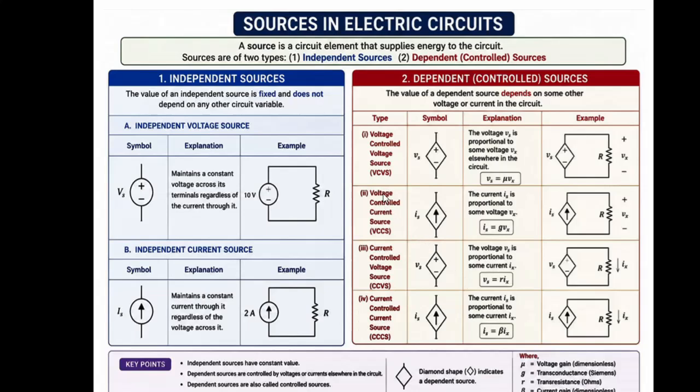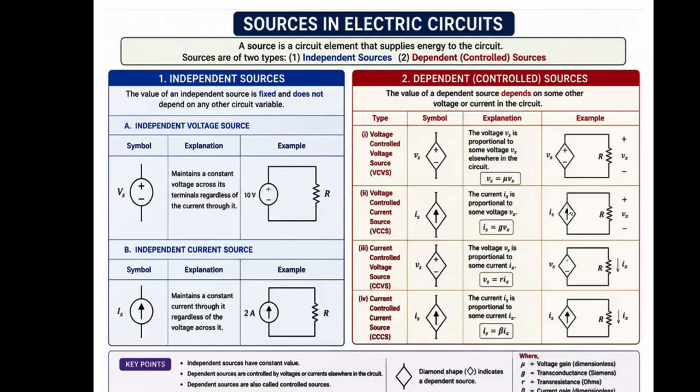Similarly, we can define the voltage controlled current source. In the diamond shape, we indicate an arrow mark that represents a current source. This example shows how the current source is connected in parallel with the resistor.